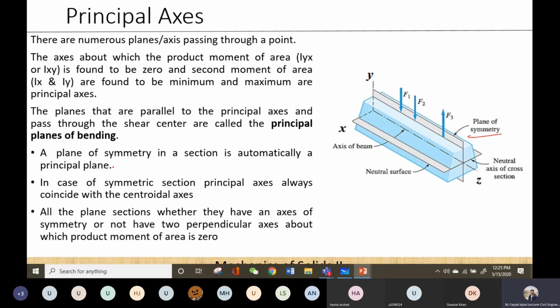As we discussed just now, if an axis has a plane of symmetry, then it is automatically a principal plane, and it always coincides with the centroidal axis in a symmetrical section. In an unsymmetrical section it won't coincide with the centroidal axis, but whether or not they have an axis of symmetry, they will have two perpendicular axes about which the product moment of area is 0, and those will be our principal axes.